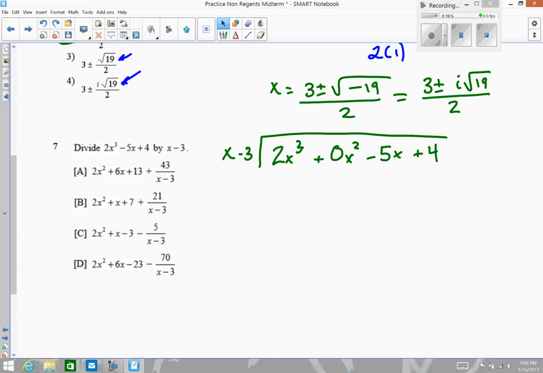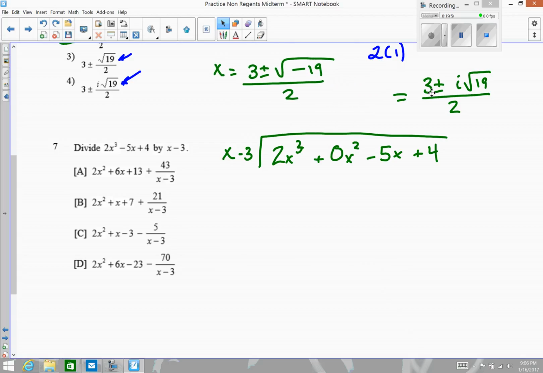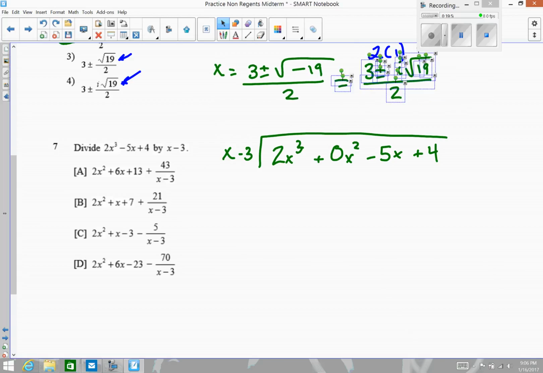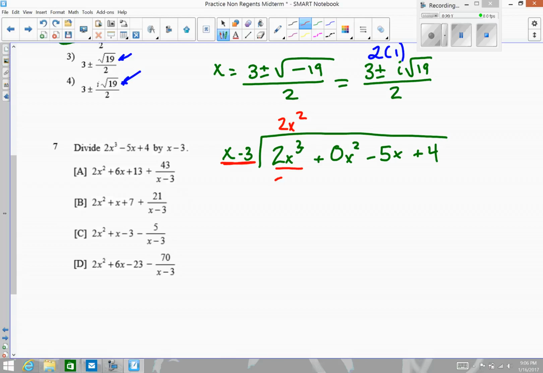Okay, so I'm going to go ahead now and think about what do I multiply x by to get 2x cubed, and that would be 2x squared. I'm going to multiply that by both my terms here, and I get 2x to the third power plus 6x squared.